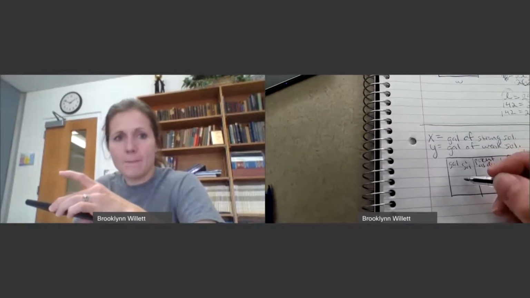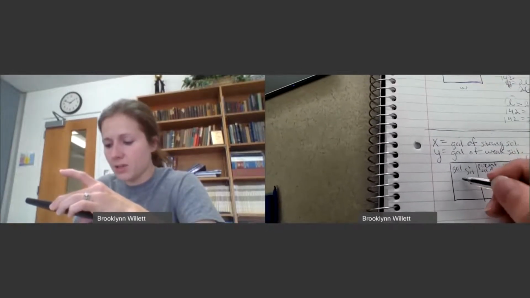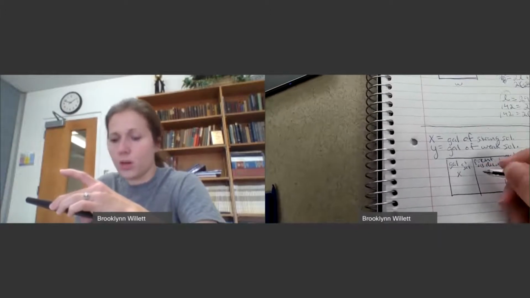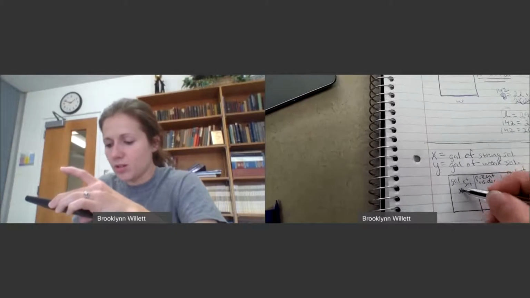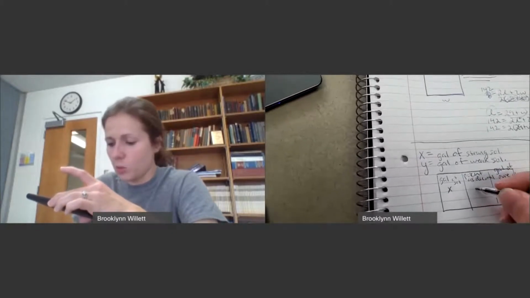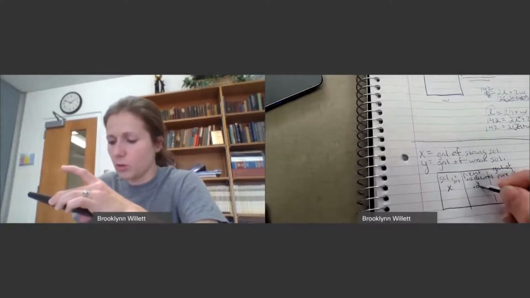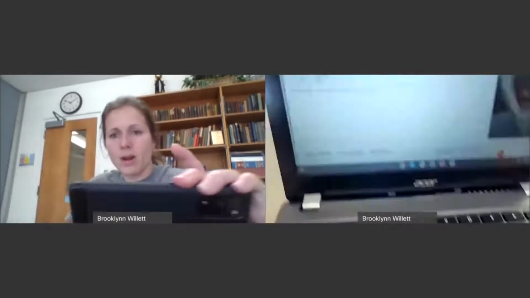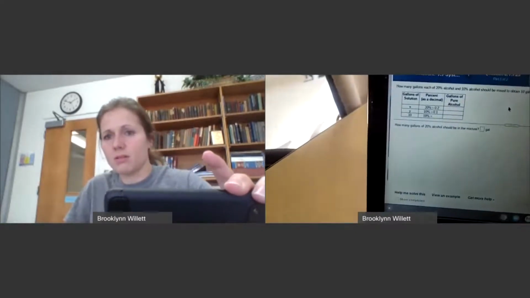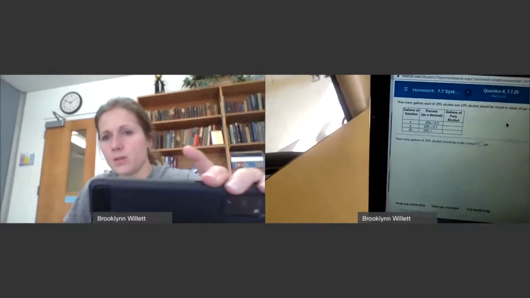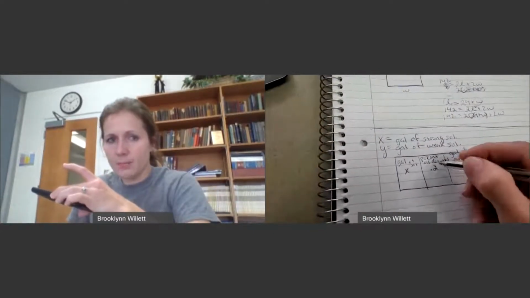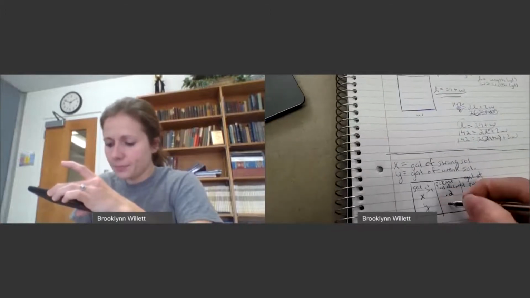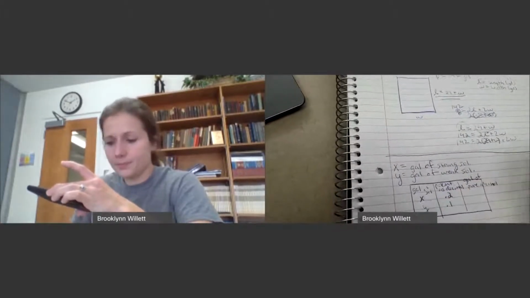So let's see. They put X in the column with the 20%. Okay, so ours does match. So the strong stuff has a percent of 20%, which I'm just going to put as 0.2. They did write the 20%, but I'm just going to skip that part so I don't clutter up my table. So X is 20%, Y is 10% alcohol.